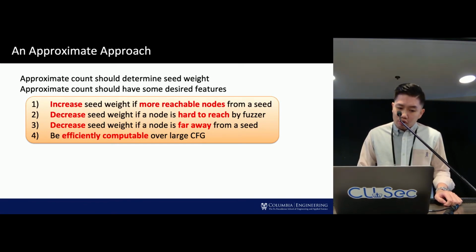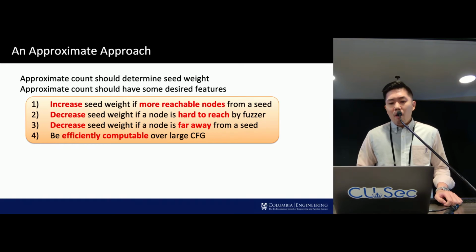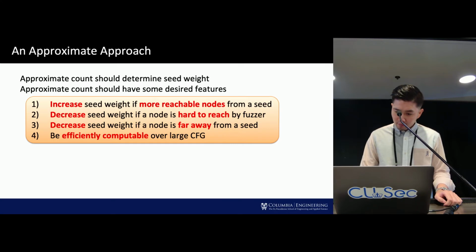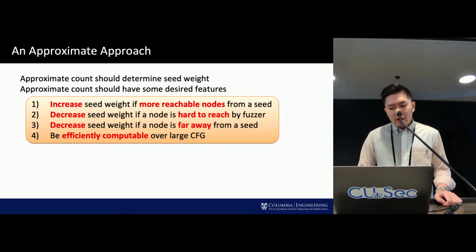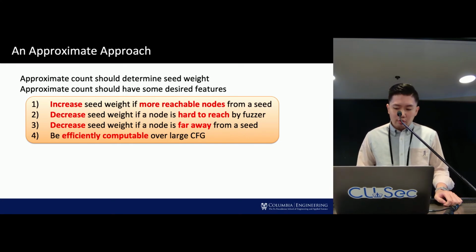The approximate approach should increase seed weight if there are more reachable nodes from a seed. Meanwhile, it should decrease seed weight if a node is hard to reach by a fuzzer. In this way, we can avoid wasting too many mutations on some complex and hard branches. We also want the approximation approach to decrease seed weight if a node is far away from a seed, because in fuzzing, a faraway node is less likely to be reached.